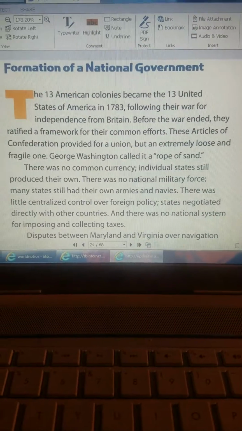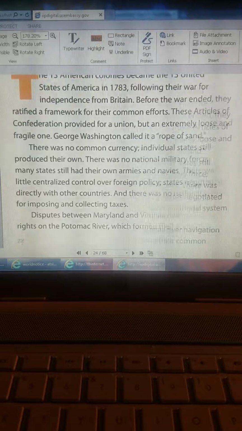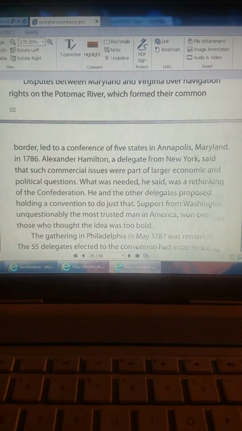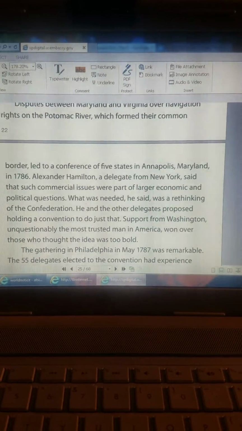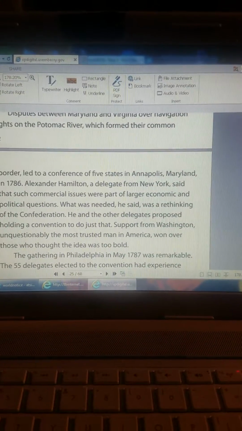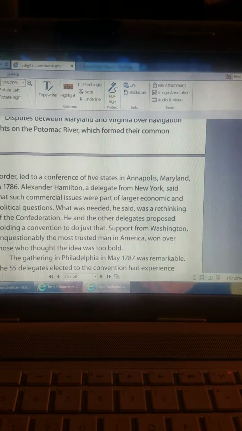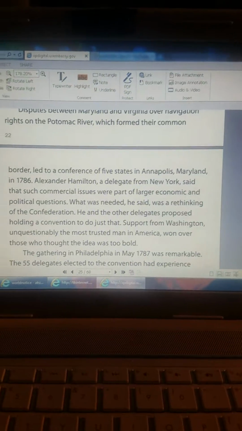Disputes between Maryland and Virginia over navigation rights on the Potomac River, which formed their common border, led to a conference of 5 states in Annapolis, Maryland, in 1786.